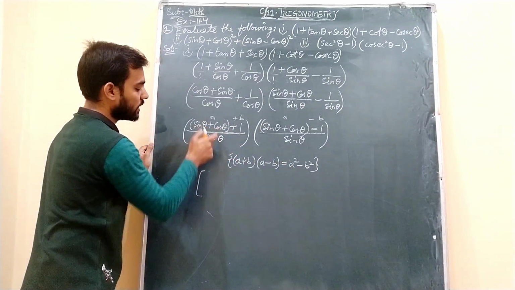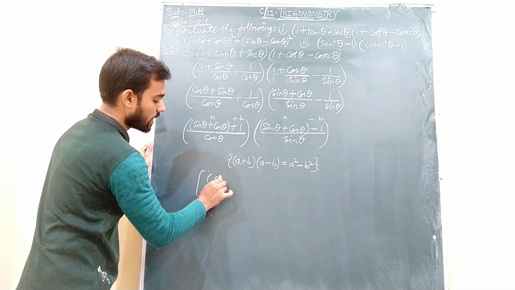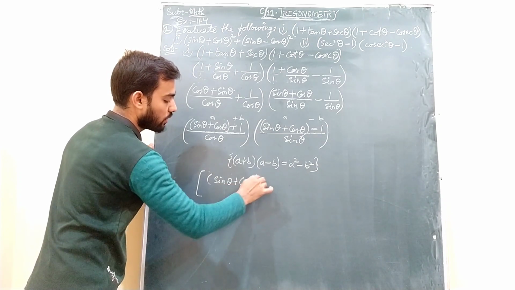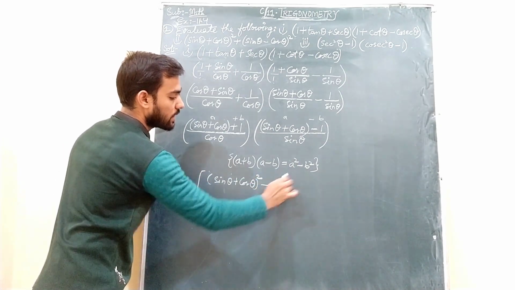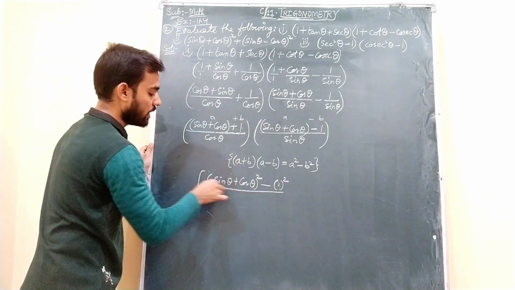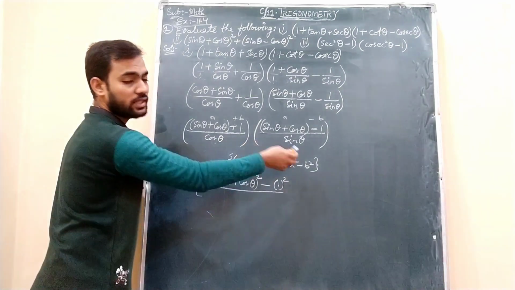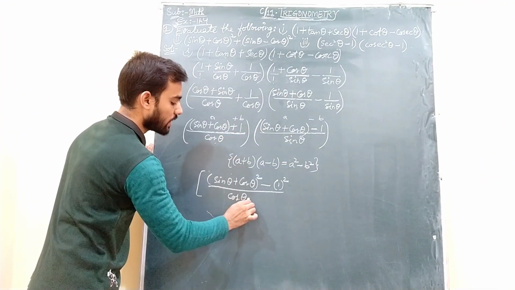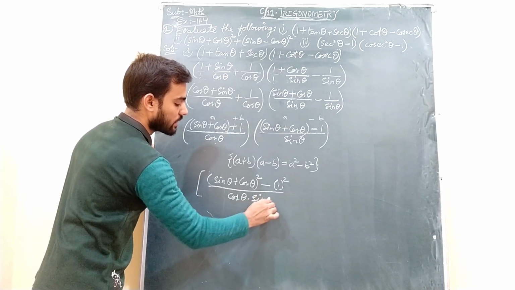A means I have to write this one, sin theta plus cos theta whole square, minus b square means 1 square I have to write. Okay. Whole divided by, they both get multiplied with each other because they are single trigonometric ratios. So I can write it as cos theta into sin theta.